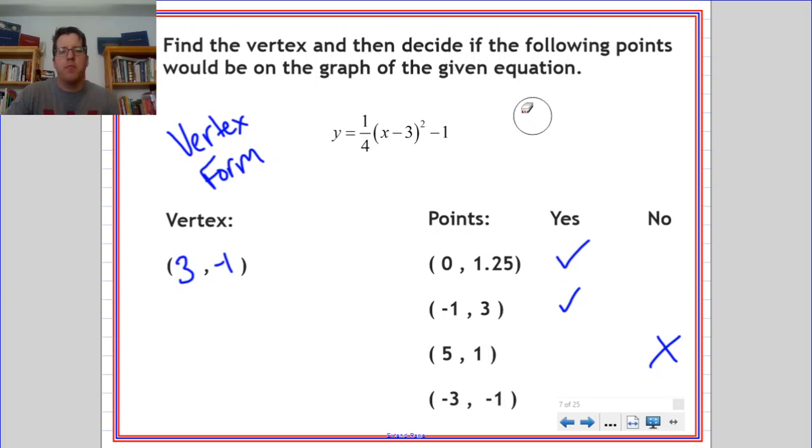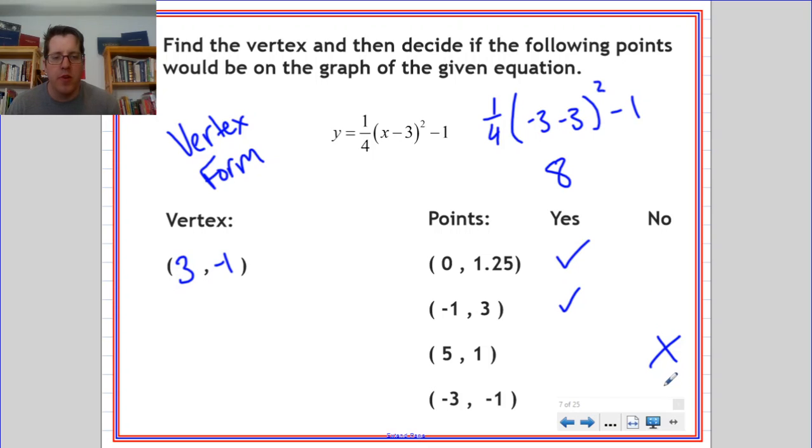For the final one, I'm going to plug in -3. Be careful when you're using negatives. -3 minus 3 is -6. -6 squared is 36. 36 over 4 is 9, and 9 minus 1 is 8.